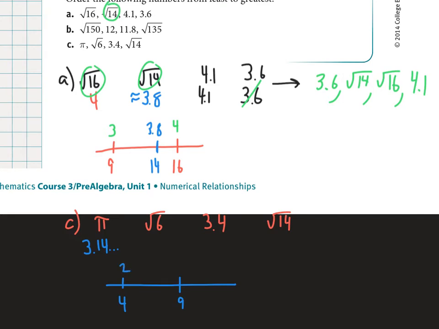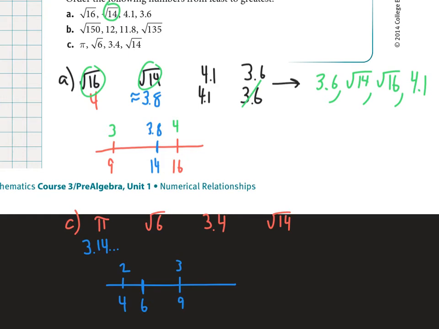The square root of 9, of course, is 3. So 6 would be about here, right? Actually, we should probably move that a little bit, shouldn't we? Let's ask ourselves, is 6 closer to 4 or is it closer to 9? So the 6 is only 2 units away from 4. So it's actually a little closer there, right?